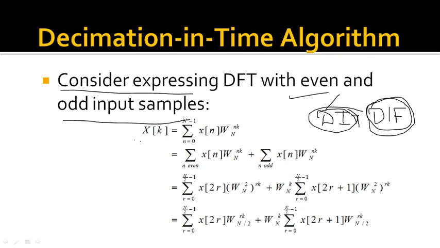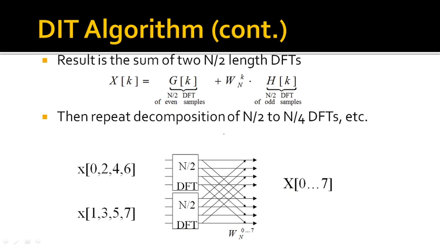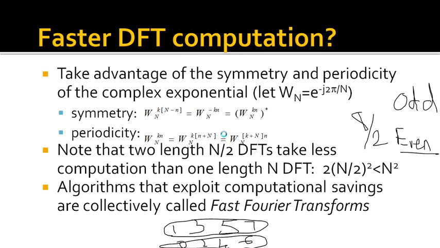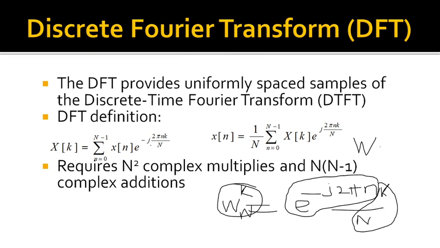We have this formula: x of k is equal to the sum over n equal to 0 to N minus 1 of x of n W, the twiddle factor, n k. Can you decode this W?